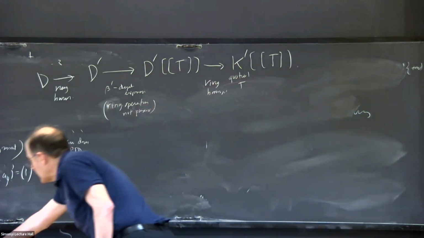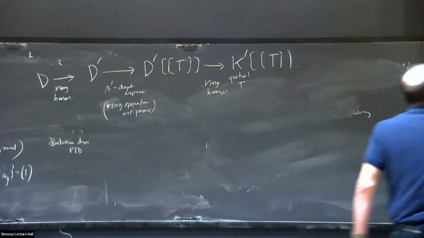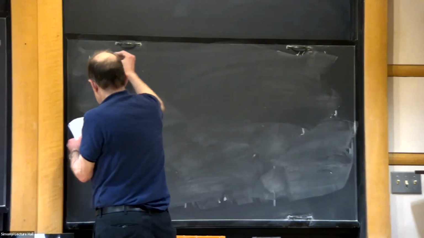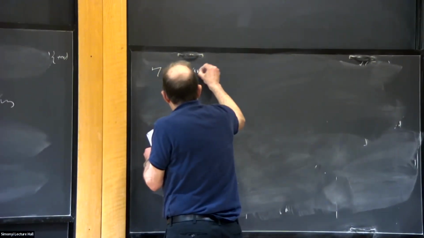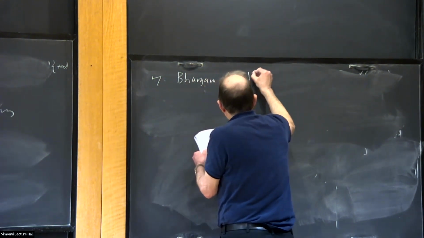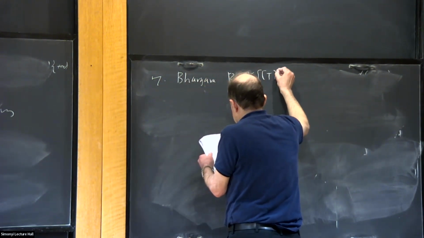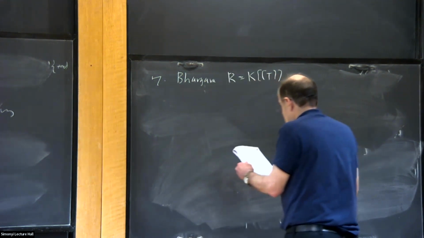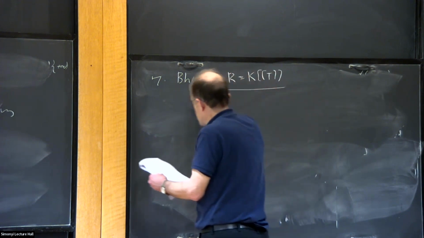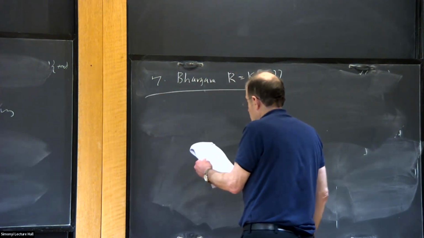Okay, now I wanted to say one last thing, which is to give the Bhargava thing for the ring R equals K double bracket of T. Okay, and I would say this is a condensation of one of his proofs idea.